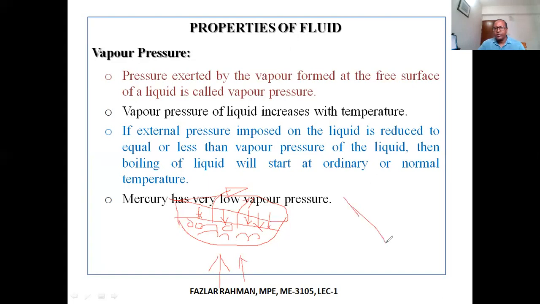It will boil quickly. At the top of the hill, the atmospheric pressure is lower than at the bottom of the hill. Say right now we have pressure in the atmosphere of 14.7 psi, or about 103 kilopascal.